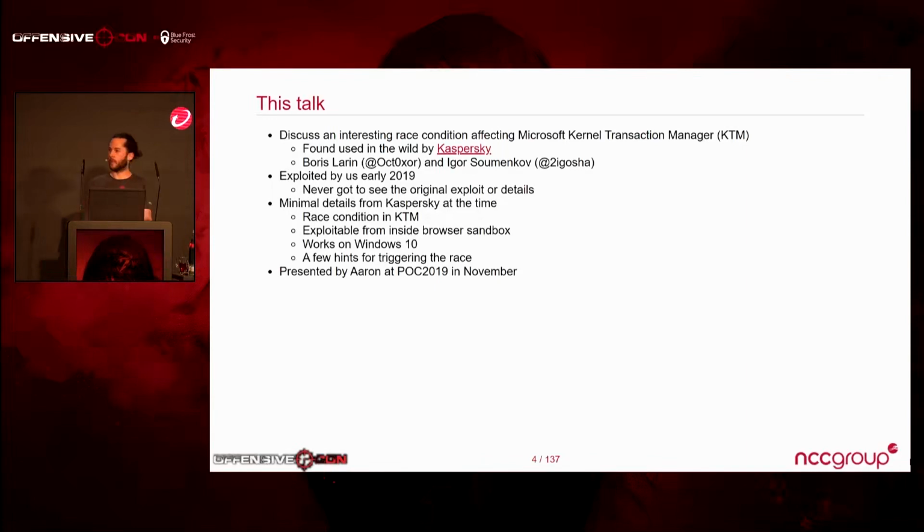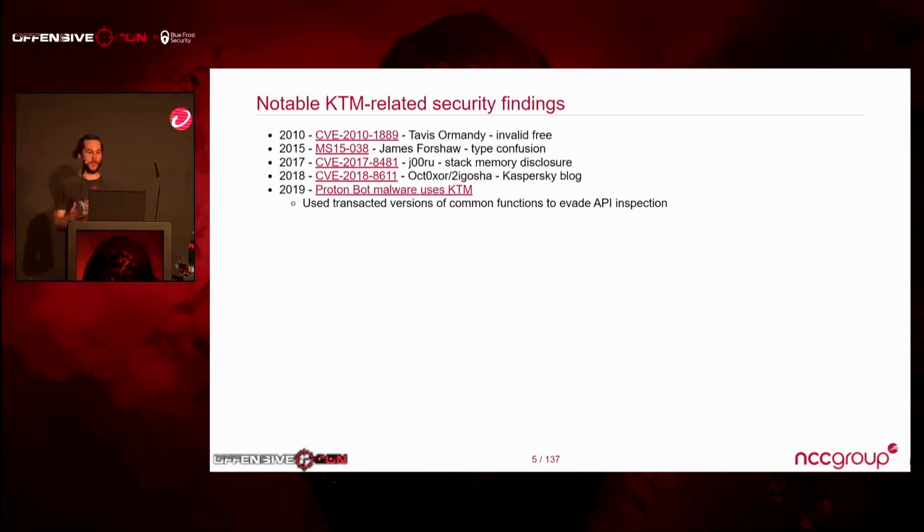The presentation I'm going to do today is very similar to the one that was presented at POC at the end of last year by Aaron. When you start a new research, I did a little bit of research on Google to see what was in KTM. Actually, it wasn't a component that has been targeted a lot, because in the last 10 years, there were only 4 CVEs, and most of them are not actually exploitable bugs, just denial of service or memory disclosure bugs found by Joru.